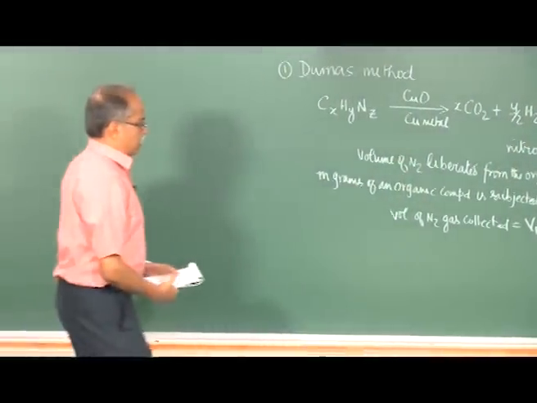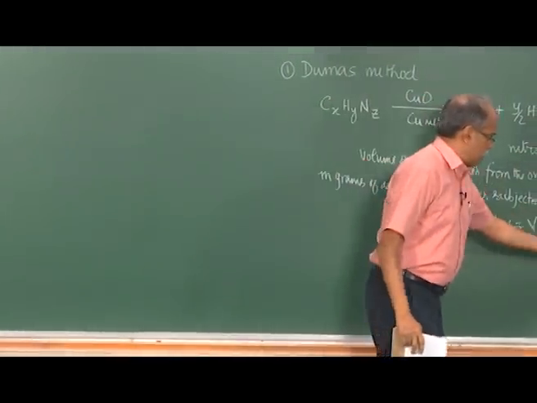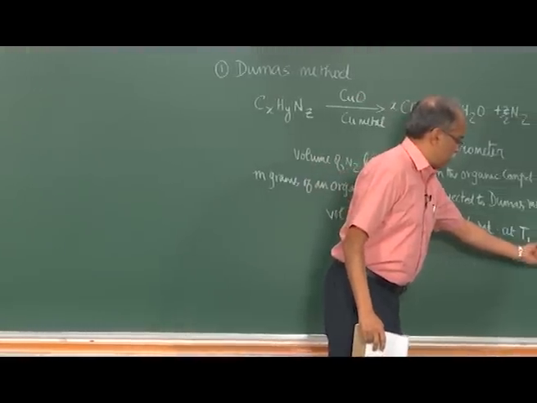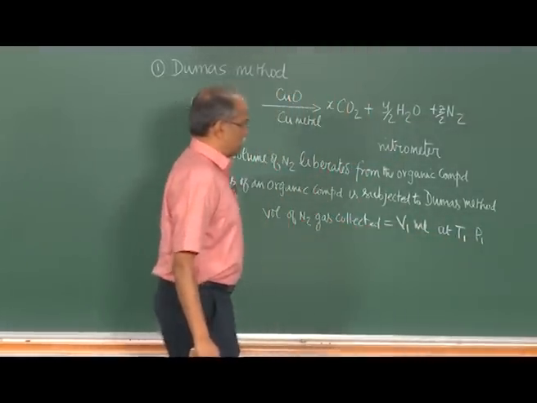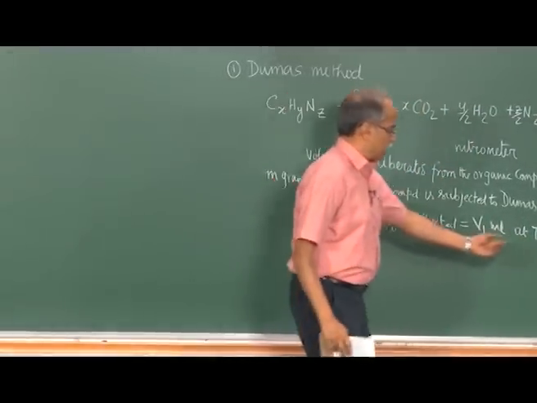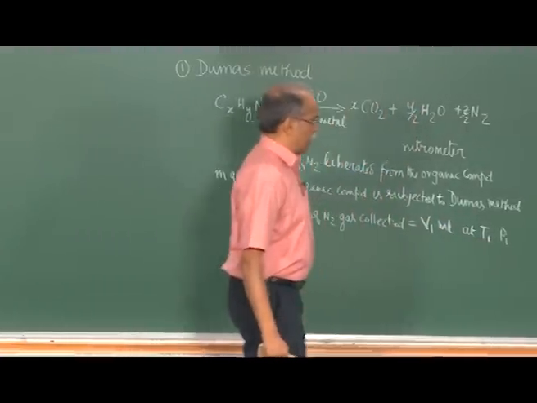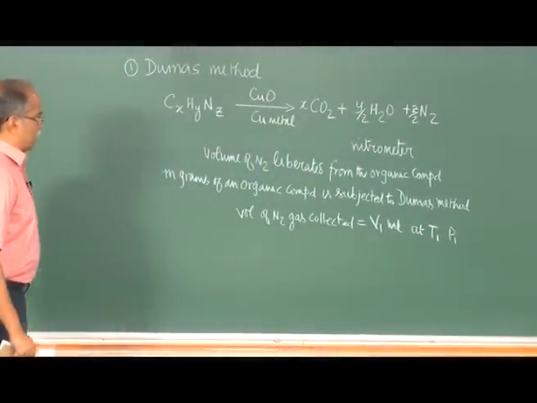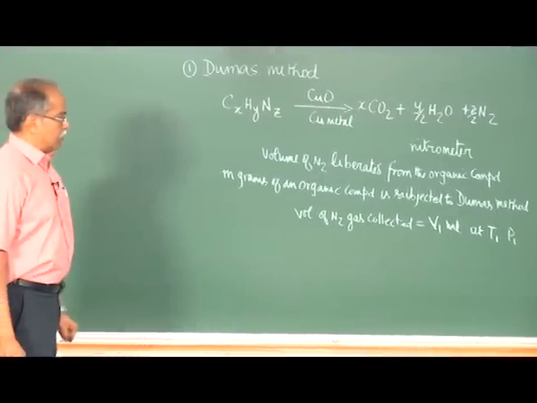Now, this is the laboratory temperature at which the gas is collected, and this is the pressure at which the gas is collected. This pressure need not be atmospheric pressure, because there will be some water vapor pressure because of the fact that the nitrogen is collected over water.